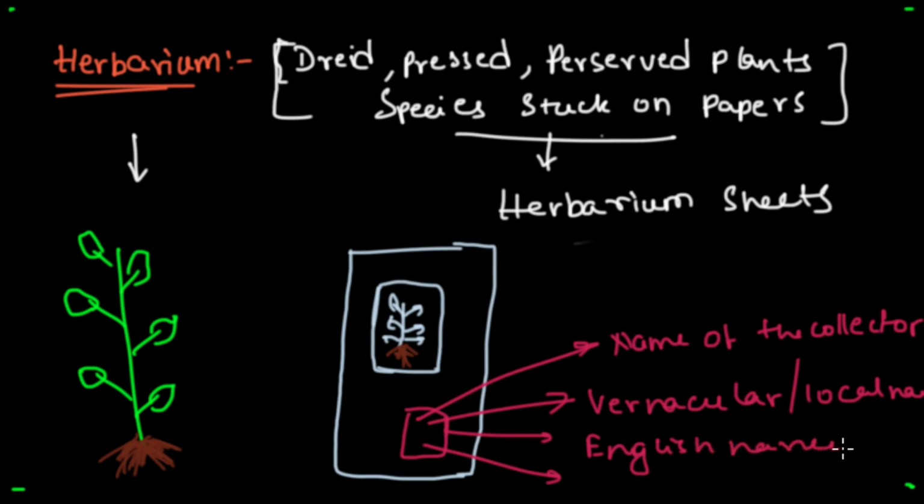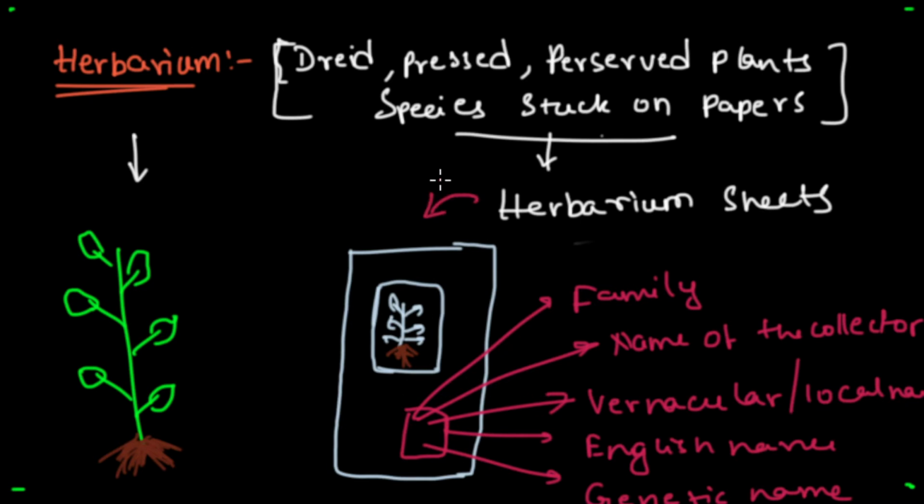It consists of the generic name. It consists of the family of the plant. So these are the information which you can find on the herbarium sheet. So this is a typical herbarium sheet.